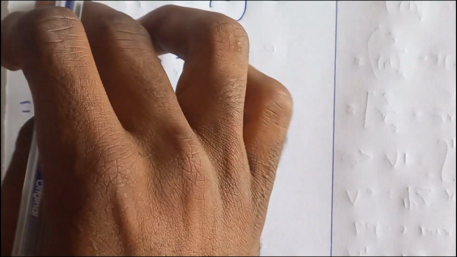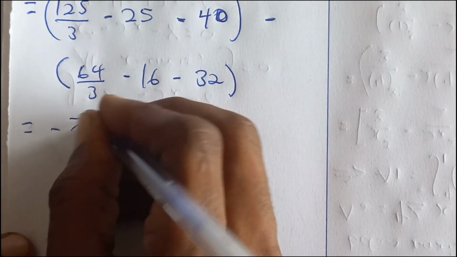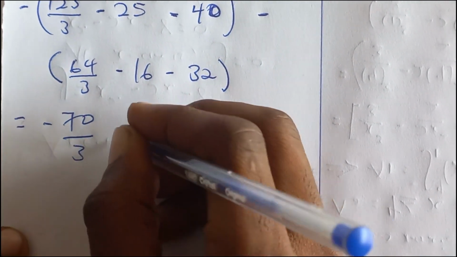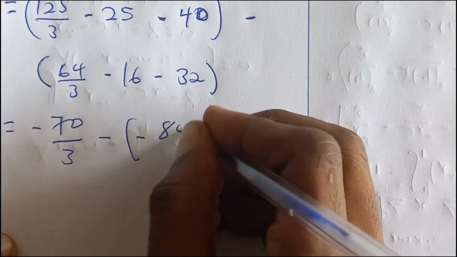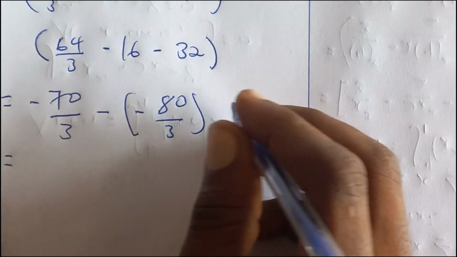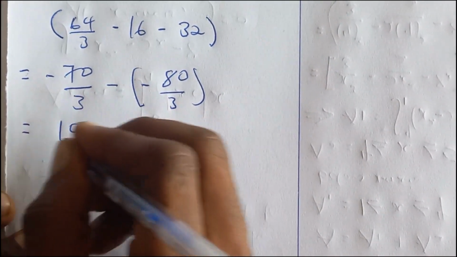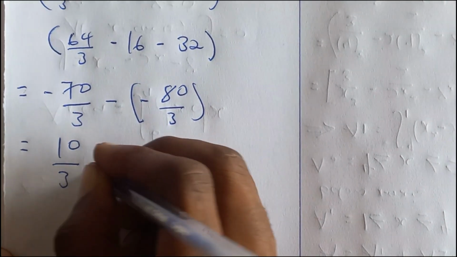So when you calculate everything here, we are getting negative 70 on 3 minus into bracket, and this one gives us negative 80 on 3. So in all, we are getting 10 on 3. Don't forget the units, square units.